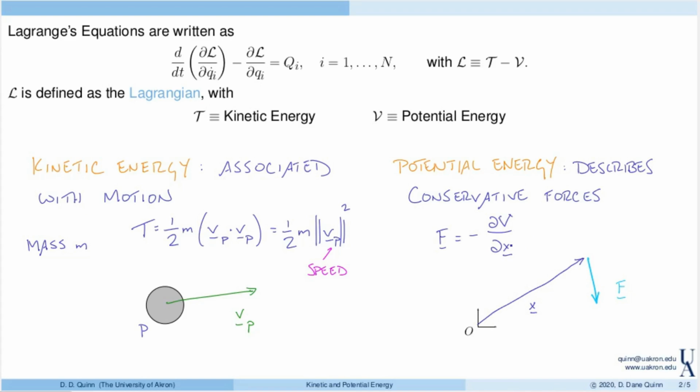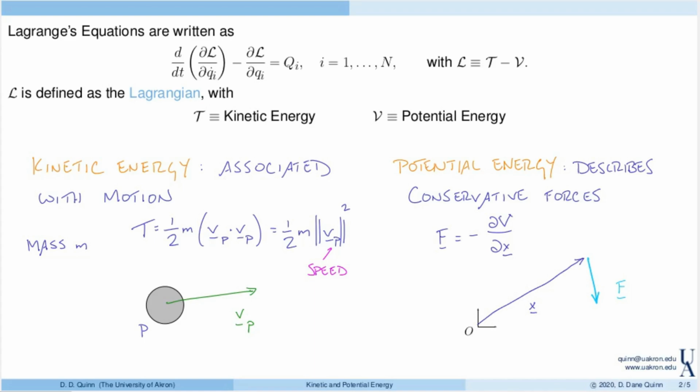So it's a gradient, right? It's a derivative. It's a partial derivative, really. It's a partial derivative of a potential function with respect to the displacement. So any force that can be described in this way is, again, by definition, conservative. And these kinds of forces will be very important in our application of Lagrange's equations.